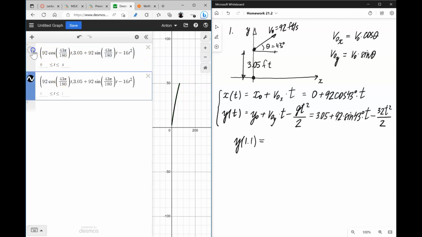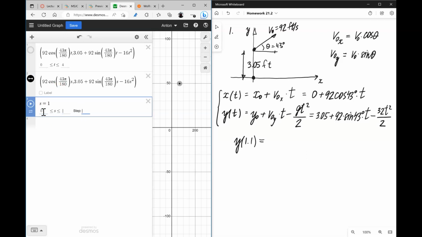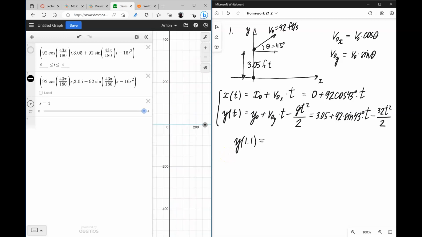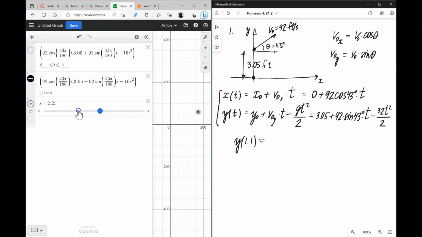If you want to visualize the ball flying, replace t with s and add the slider and let s range from 0 to 4 in steps. These are the steps, and this is your baseball. If you hit it, it's going to go, and if we change the scale, this is what it's going to look like from far away. It's pretty cool, right? So that's your baseball traveling.